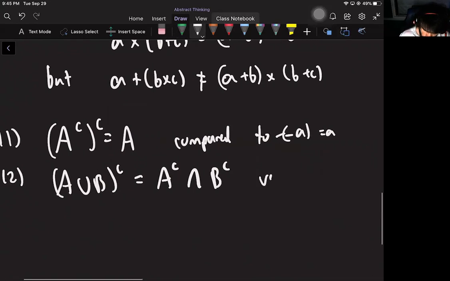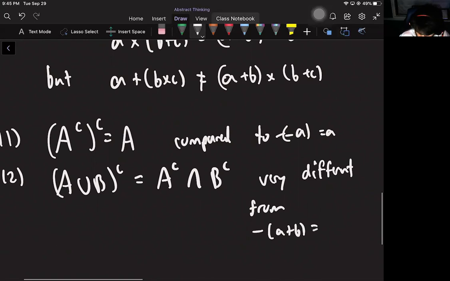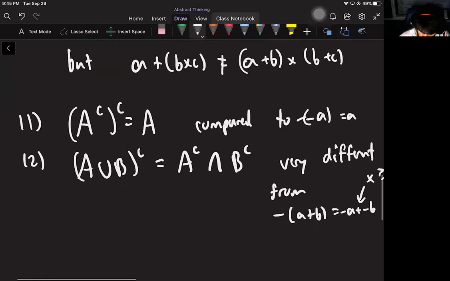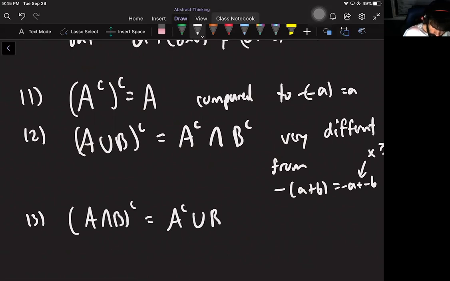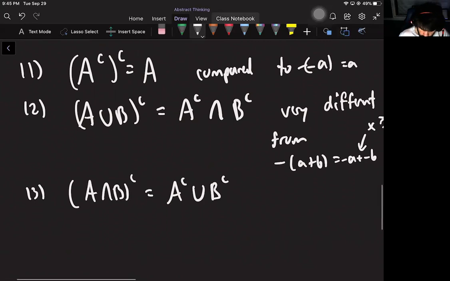So this is very different from how you distribute a negative. Here, you just distribute the negative. You don't turn this plus into multiplication or anything. It's very different. And then the opposite is also true in the other way. So just like that.